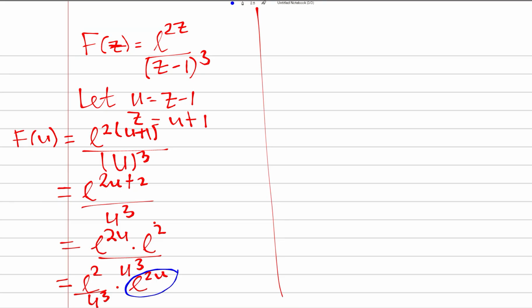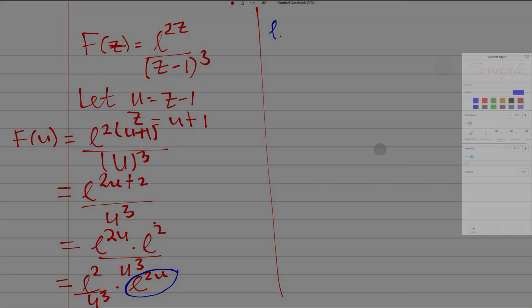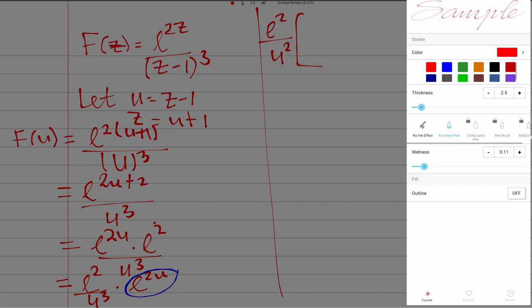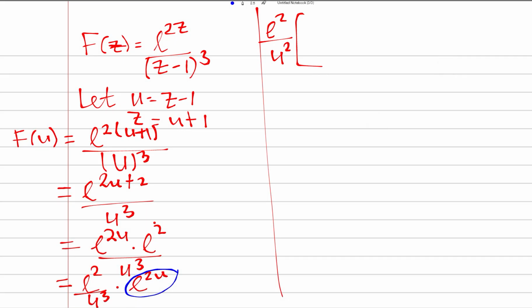So this will now become, let me write that with red pen so that it will be distinct, exponential 2 over u raised to power 3, then multiplied by our expansion, which we already know.